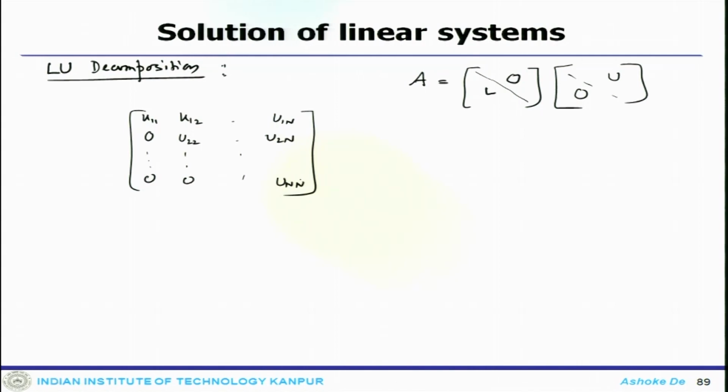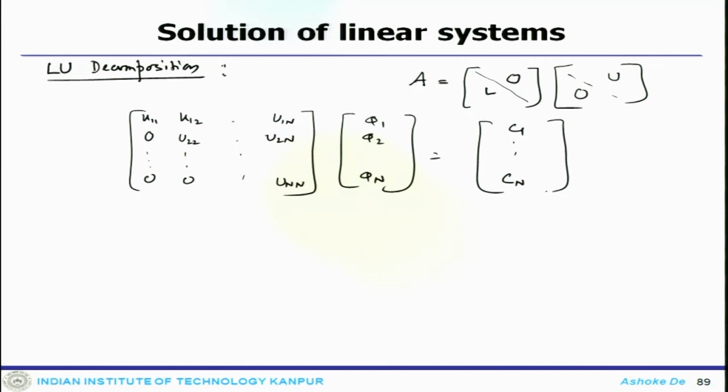So, this is obtained by doing the forward elimination, and here is my phi 1, phi 2 up to phi n, and this is where the coefficients are C1 to Cn. So, in a compact form, this has become my upper triangular system. Now, this I can write as U phi minus c equals 0.